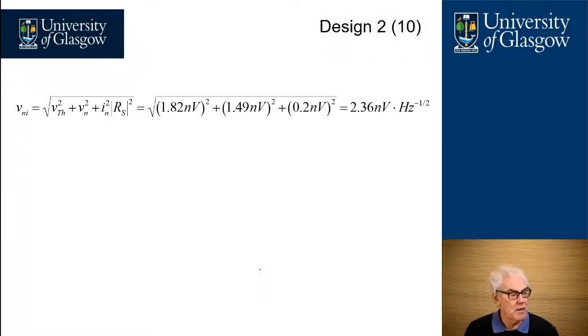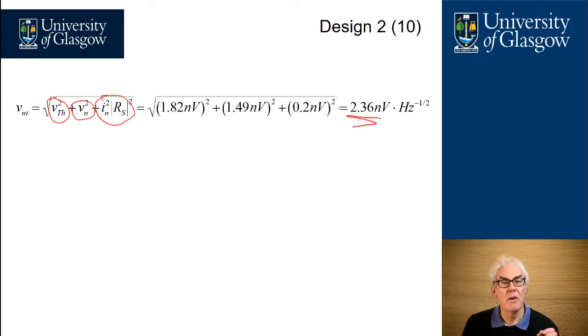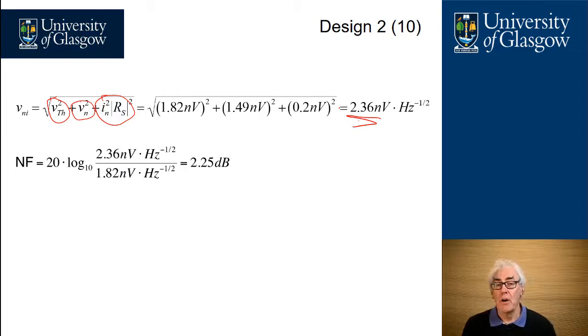And calculating out the total noise source, which is the Thevenin voltage, plus the Vn, plus the noise current into the source resistance, we land up with a total noise performance of about 2.36 nanovolts per root hertz noise referred to the input. Now if we calculate out our noise performance, we discover we have a noise figure of 2.25 decibels, which is much better than the previous example, which was 20 decibels.